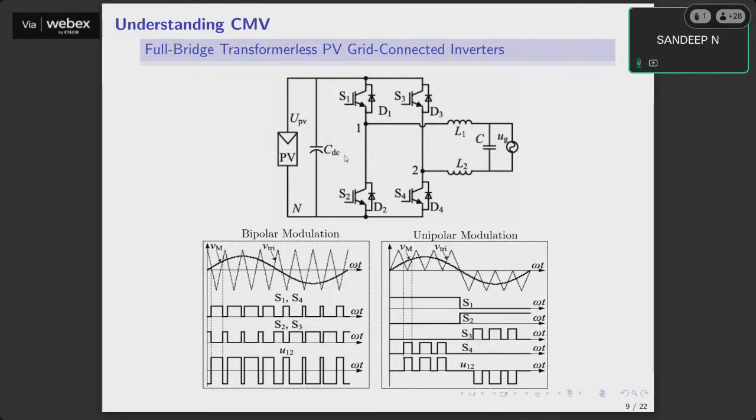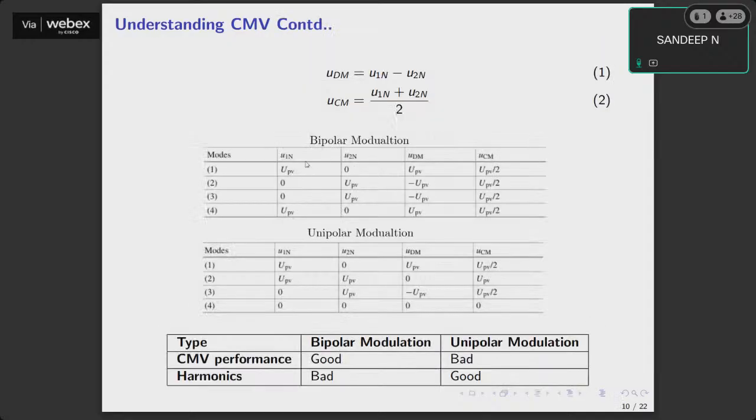When this switch is on, U1n is the same as UPV. When this switch is on, U2n is short circuited; switch on means short circuit, switch off means open circuit. So U1n and U2n are UPV and 0. You can see UDM, the differential voltage, is UPV, and the common mode voltage is UPV by 2.